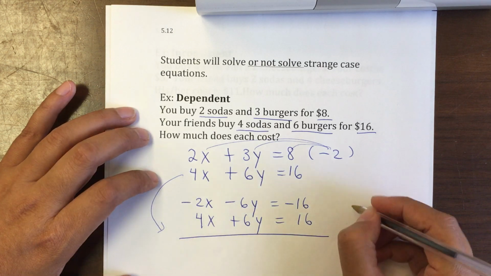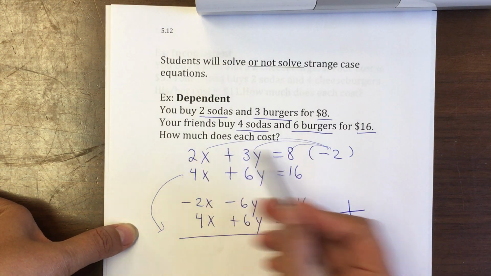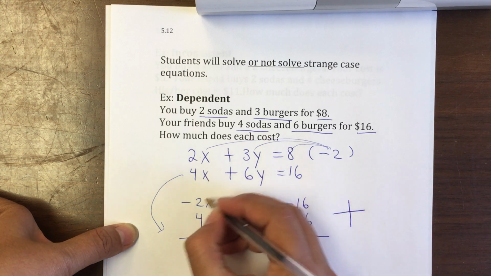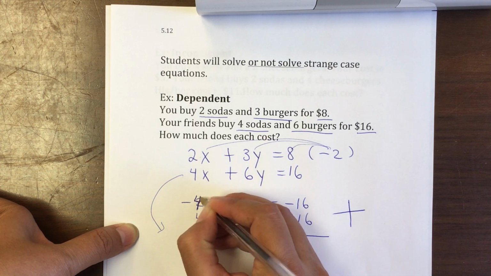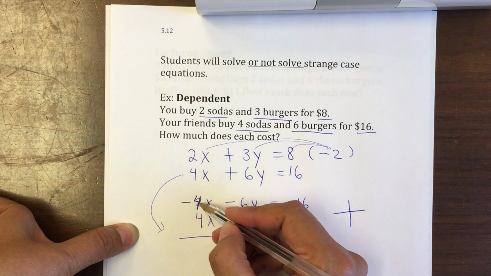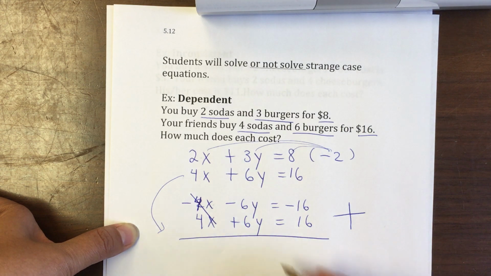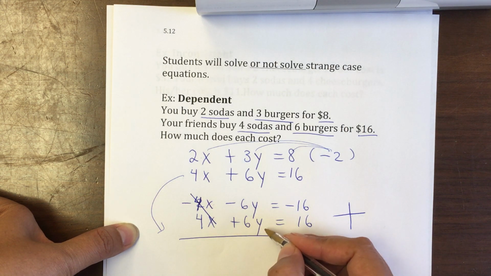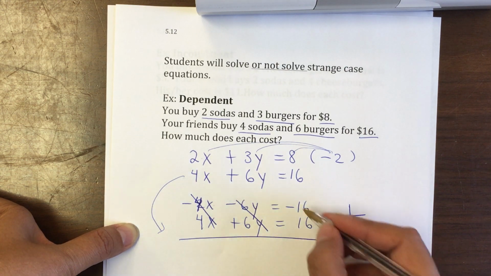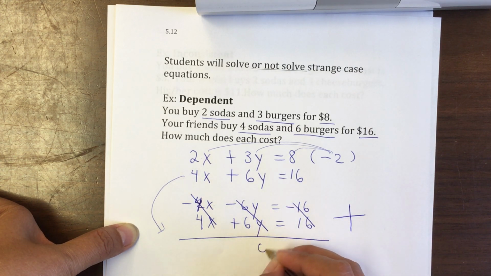But what happens when you add to eliminate one of the variables? Whoops, I noticed that -2 times 2 is -4. When I want to eliminate one of the variables, if we have a -4x and +4x, that cancels. -6y and +6y cancels. -16 and +16 cancels. And so you end up with 0 equals 0.